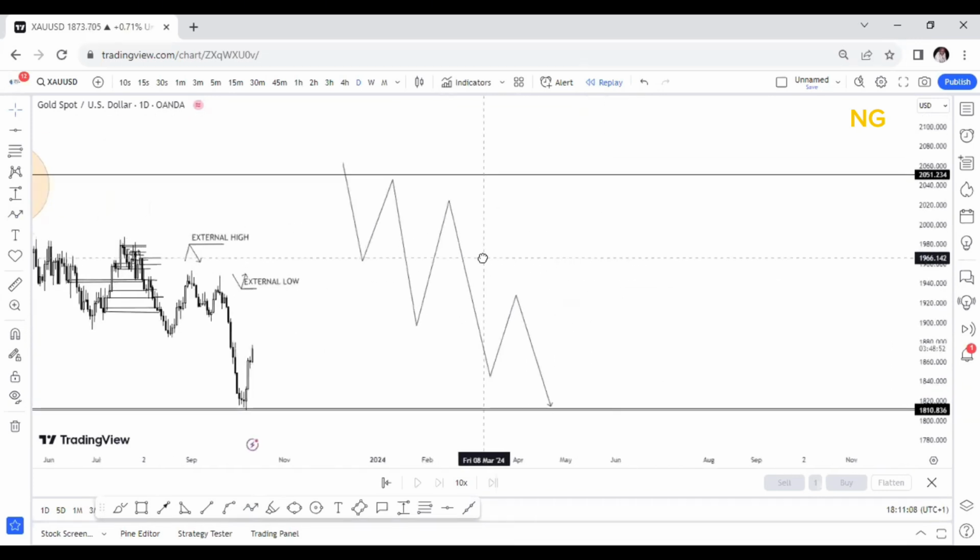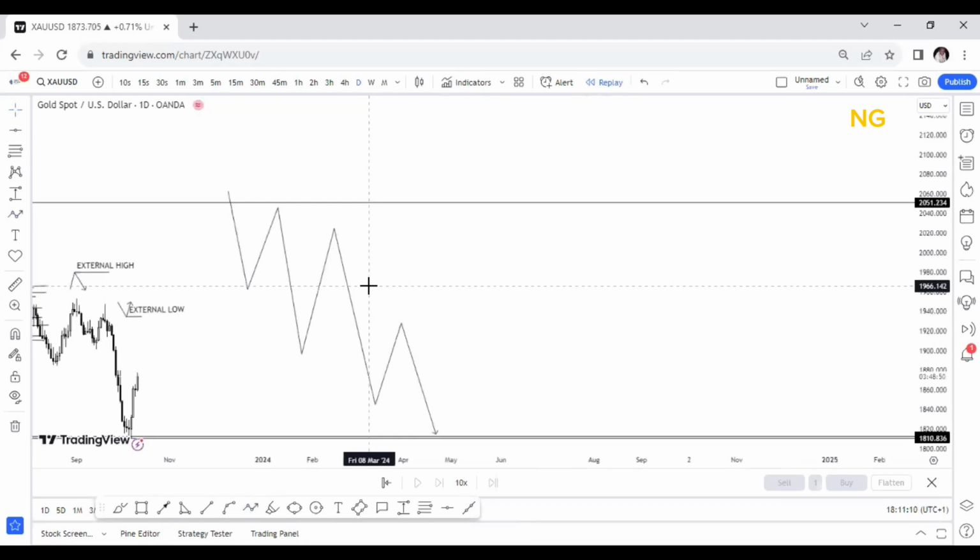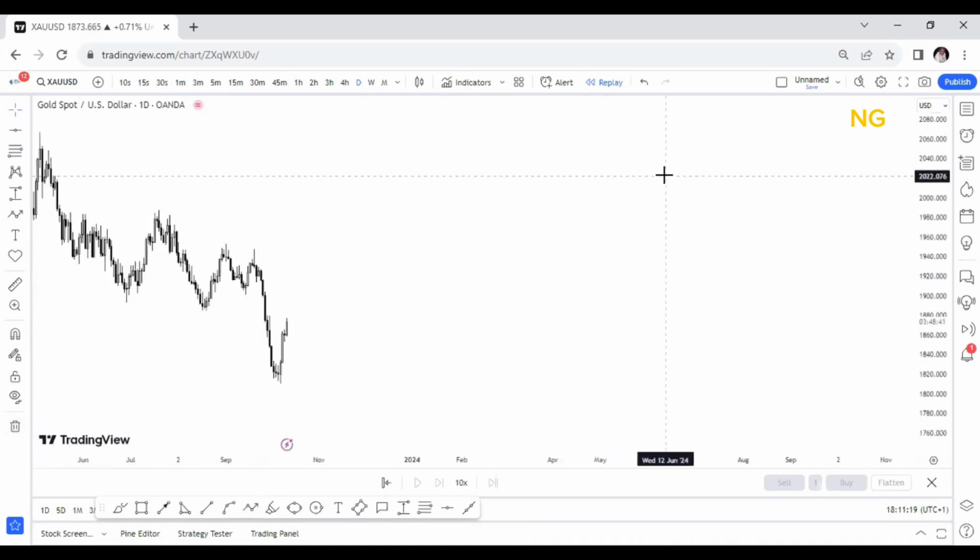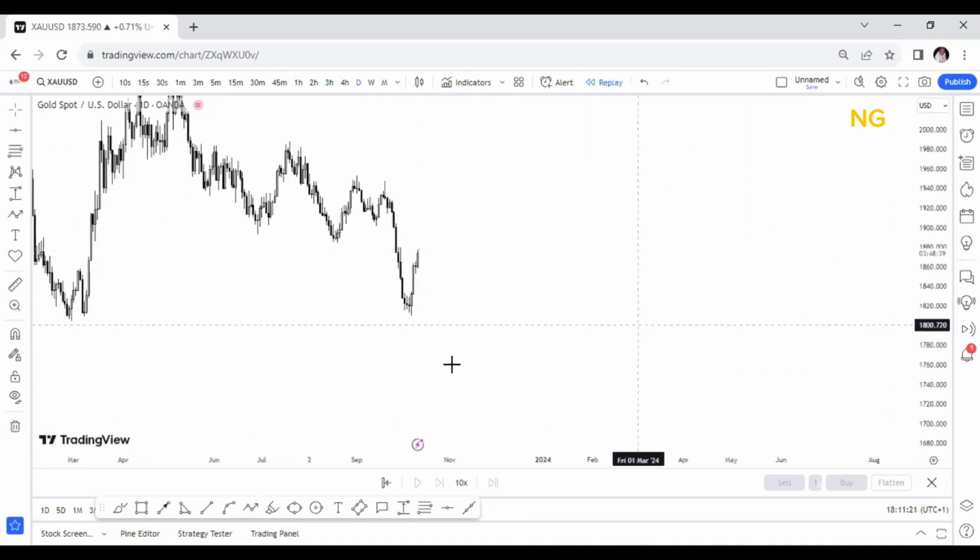That is how to use higher time frame analysis to discover the direction of the market. From level to level, you mark it out. So that when you go to a lower time frame and the price gets to this level, you know that it is a higher time frame support and resistance level, and you know what will happen there.